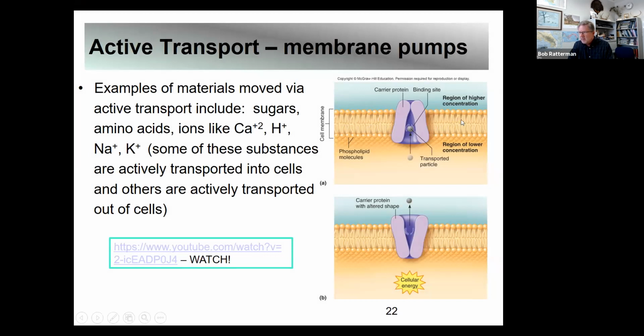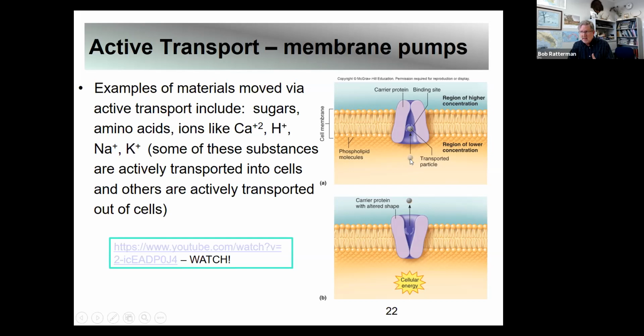Here's our phospholipid bilayer, which we know is an important constituent of all cell membranes. And the little purple circle there, whatever you want to call it, the particle they're defining it as, is being moved from a lower concentration toward a higher concentration of that particle.